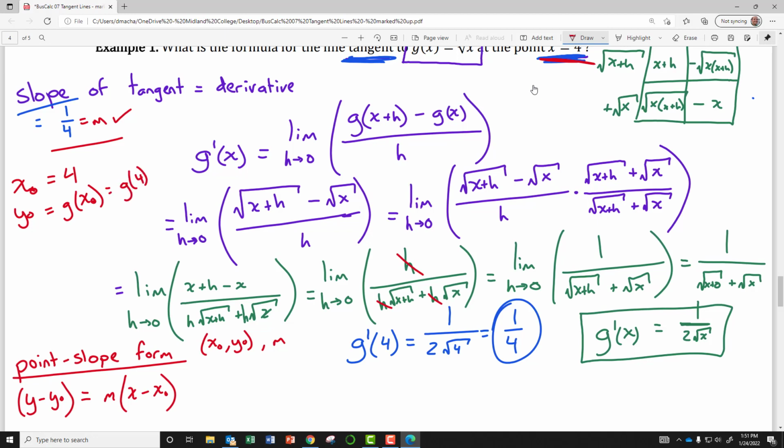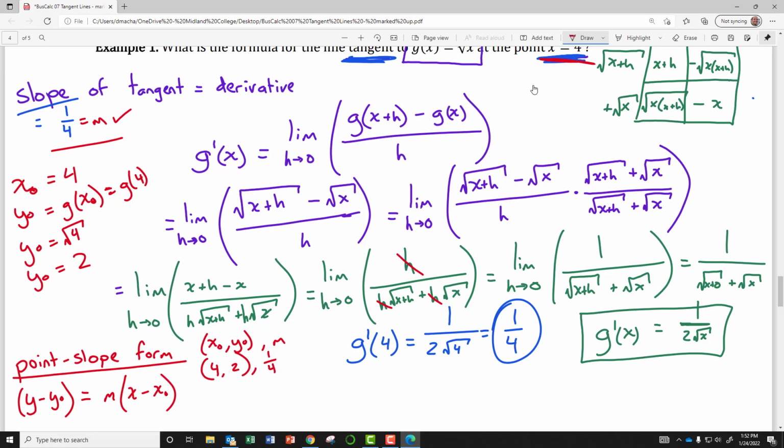And we haven't found this yet, but the g function is just the square root function. So this is going to be square root of 4, which tells me that my y-coordinate is going to be 2. So here, the point where I want my line to intersect my curve is going to be (4, 2). And the slope of this line is again desired to be 1/4.